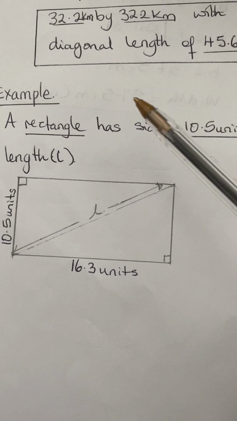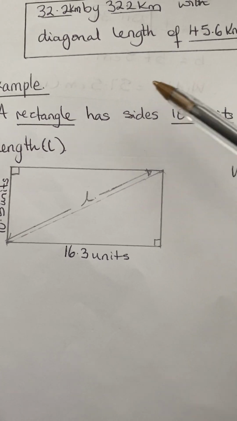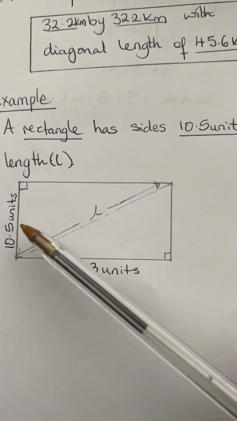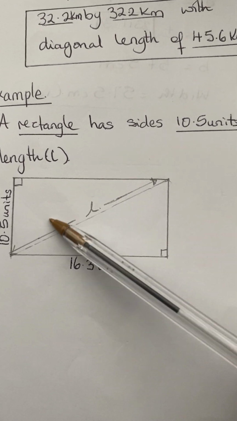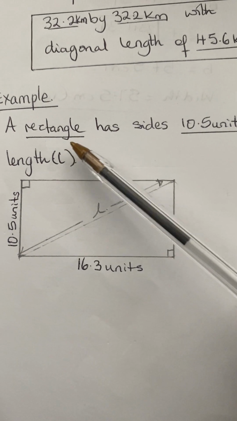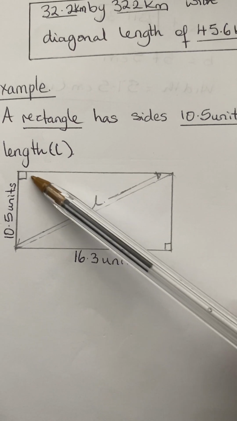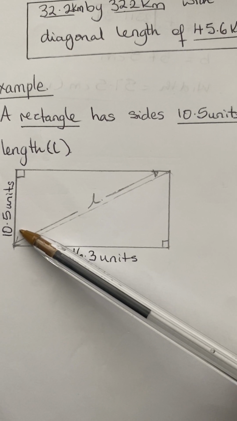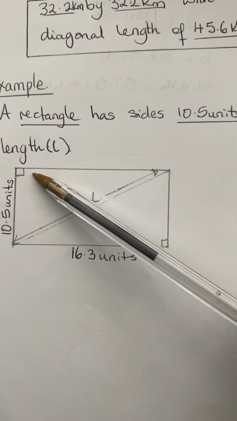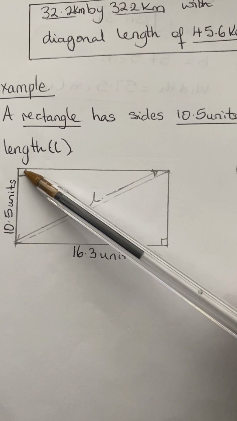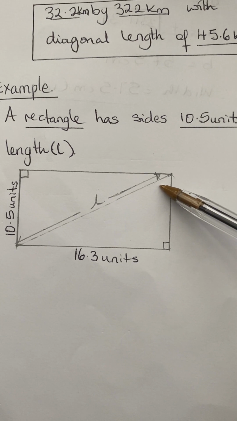Now, we'll look at a rectangle problem, because we've done a square problem. All my diagrams again are not to scale. You know that a rectangle has a length and a width. It meets at right angles and it has the diagonal.